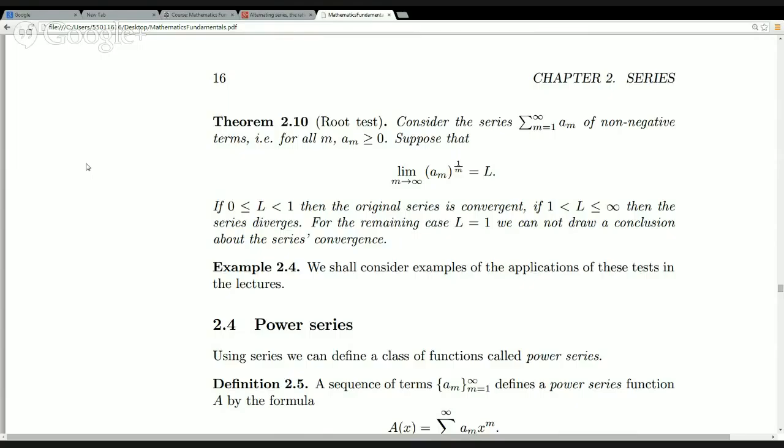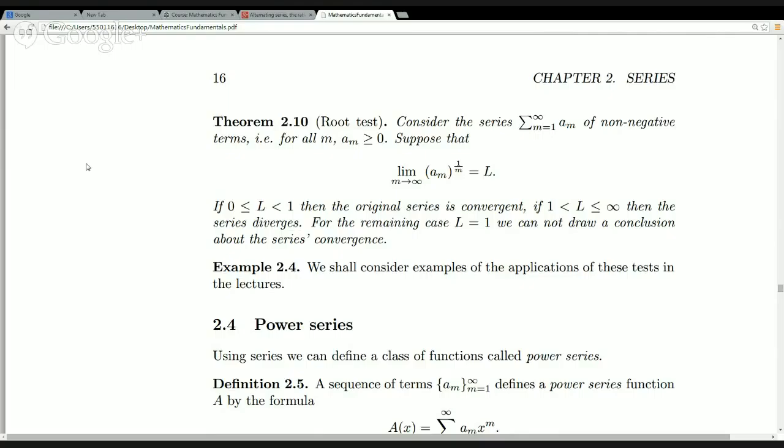So let's look at the statement of the test. Again, you're finding a limit of a sequence and then drawing the conclusions based on that. So the root test says that if you take the mth root of a_m, if you can show that that sequence converges to a fixed limit L, then you can draw the conclusions in the same way as we drew them before. If that limit L is strictly less than 1, you've got a convergent series.